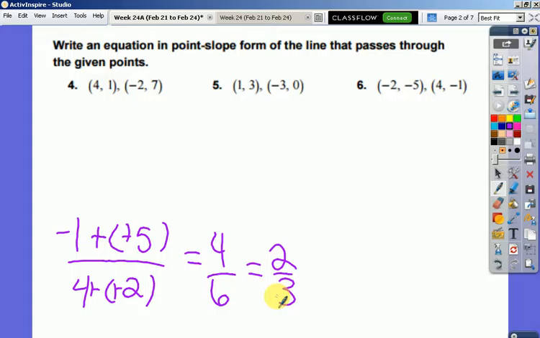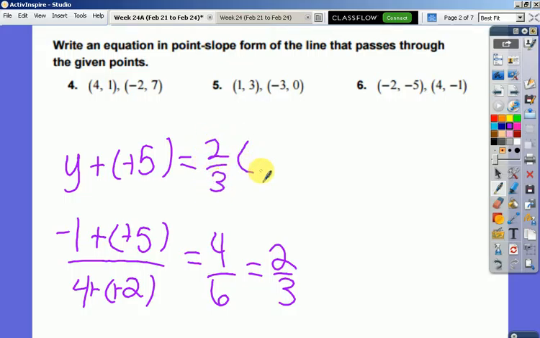So y minus what? Negative 5. Okay, y minus negative 5, which is just a plus, equals what? 2/3, which is your slope. Okay, Aiden, if she chose negative 5, what am I going to call that one? She chose this point, Aiden.